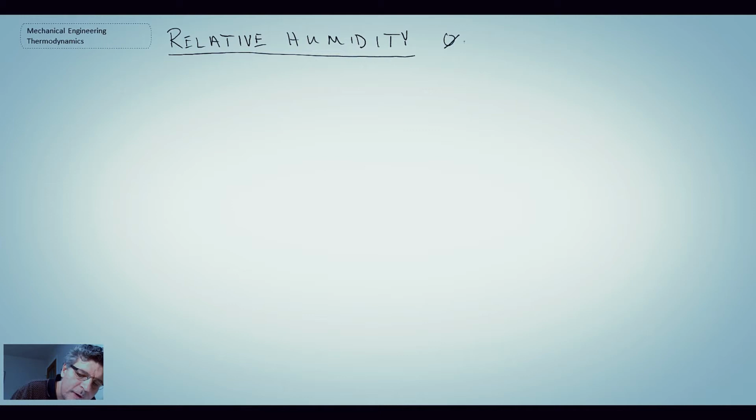And the symbol for relative humidity that we will use is phi. And phi is defined as the mass of moisture in the air divided by the maximum moisture that the air can hold.